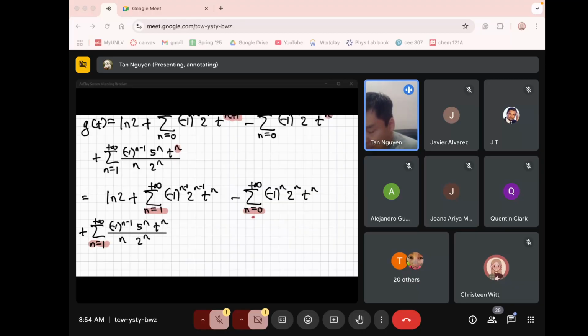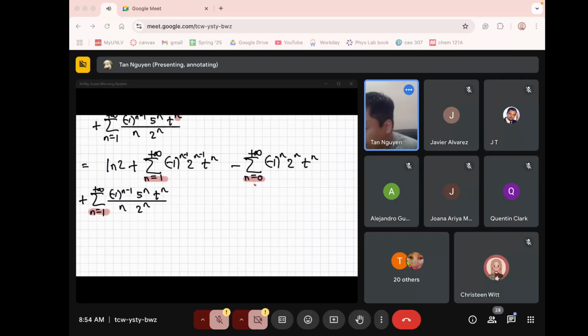So I changed this. This one starts from 0, so I'm going to pull out the first term and then start it from 1. Okay, so this is going to be equal. Let me copy this series again.